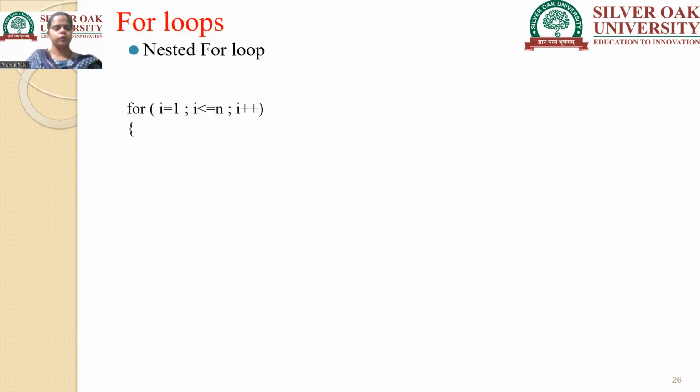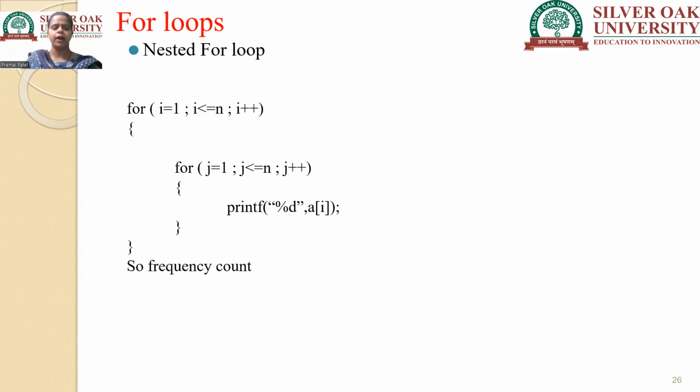So here we have seen the simple for loop. Now we will consider the nested for loop. Let's take one example of a nested for loop: for i = 1, i <= n, i++, and inside it for j = 1, j <= n, j++. In that, printf("%d", a[i]).